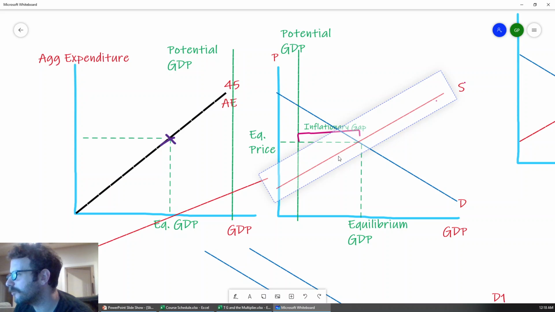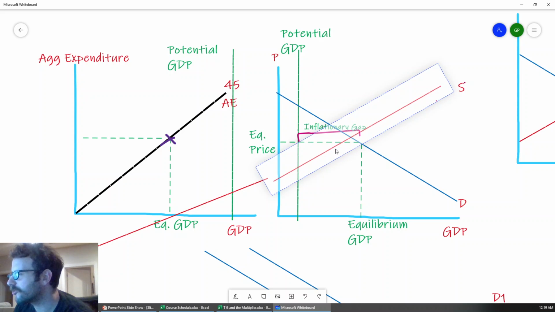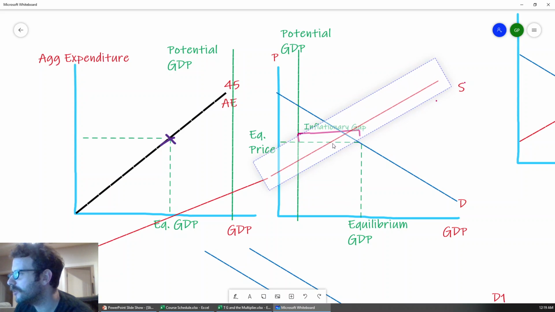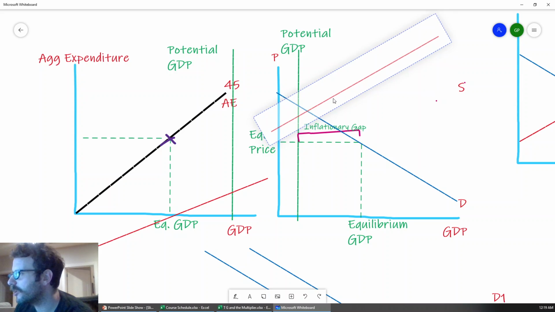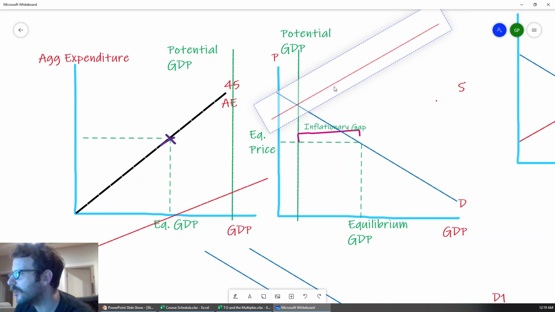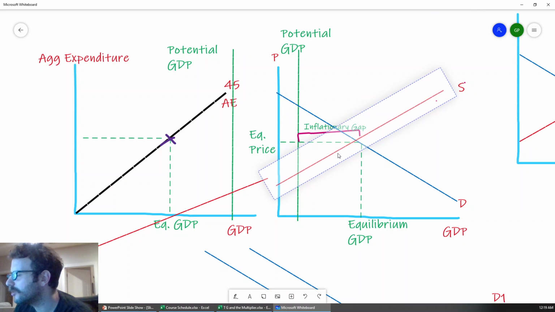So that's why you'll see inflation. You'll start seeing workers renegotiate their salary, and production is going to start shifting in as input costs start increasing. And then you're going to meet over here, right? So that's why it's inflationary.